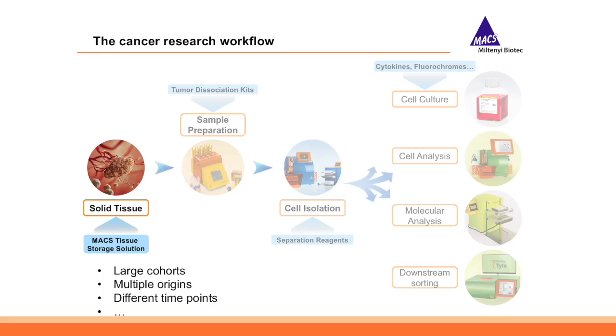Sometimes when working with large cohorts, or using tissues coming from multiple origins or collected at different time points, or for any other reason, these tissues cannot be directly processed. During this storage period, it's important to avoid necrosis and apoptosis, and also to maintain the functional properties and activated status of these cells.